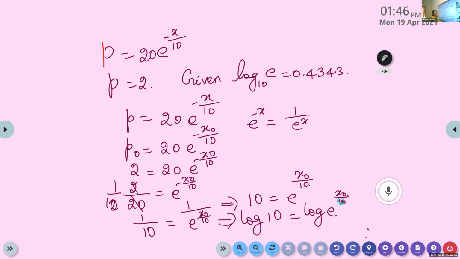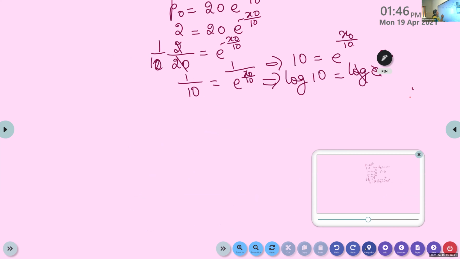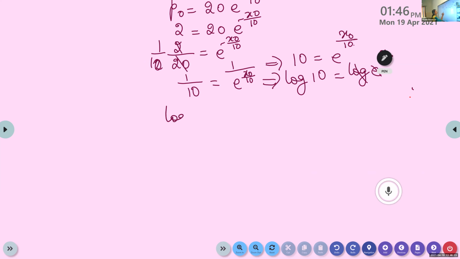Is it correct, children? e and log are inverse of each other, so now these two will get cancelled. So we will get log 10 is equal to x naught by 10. The base is e here.